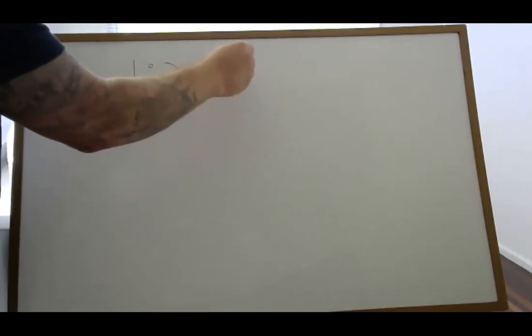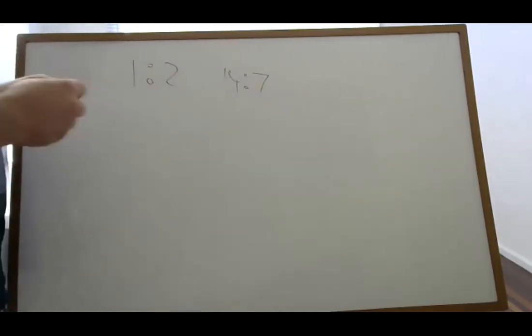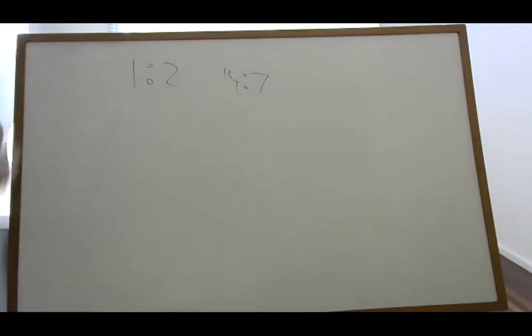See if I can trick you with some more complicated ones I could think of. 1 to 2 and 14 to 7. Are they equivalent? Are you sure they're not equivalent?